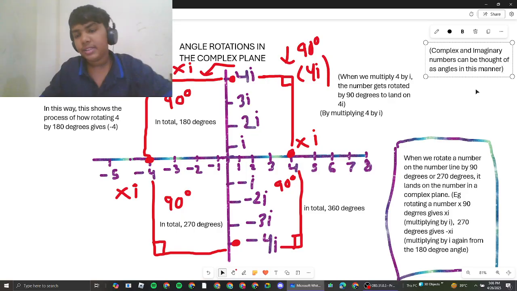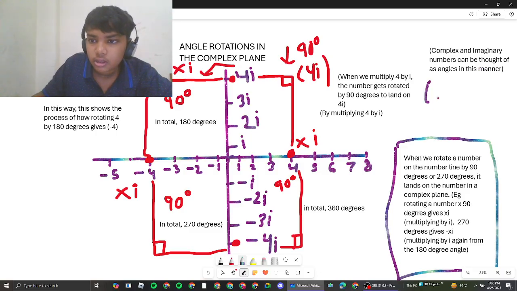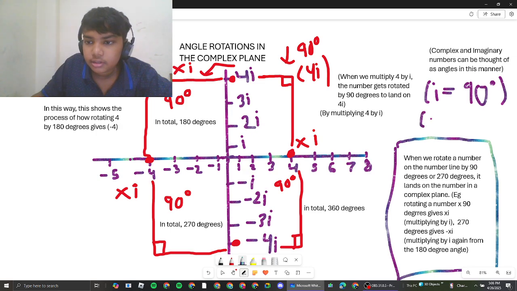For example, in this case, i would be 90 degrees, because if you multiply by i at 90 degrees, i squared would be 180 degrees if you multiply by i again, and i cubed would give 270 degrees, and so on.